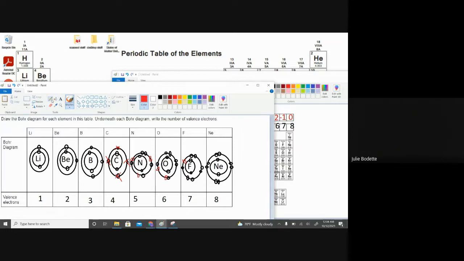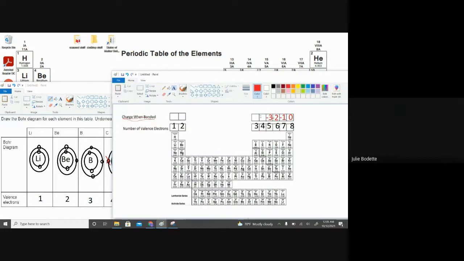Let me put this in. I've already used red. This guy, right? This right here, this would be our outer shell now because, well, it's the only shell left, but it's the next one in. And this one is full. So carbon would be pretty happy if it lost 4 electrons. Or again, if it gained 4 electrons, right? Either way. Losing 4 and gaining 4, well, those are equally difficult, right? Same number of electrons.